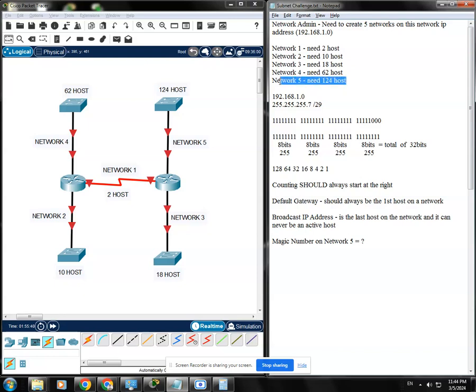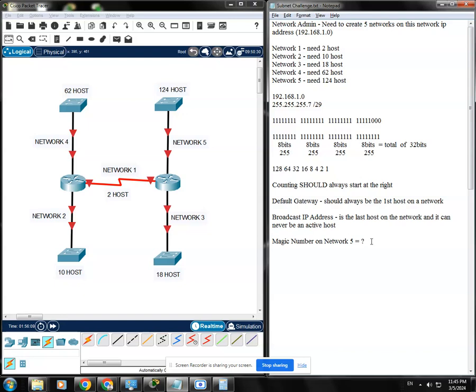Looking at the pattern here, this is important, we need to use 128. Why? Because we need 126, and 128 can cover the 126.